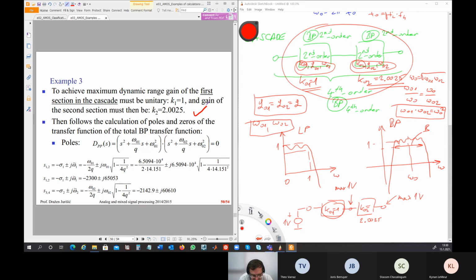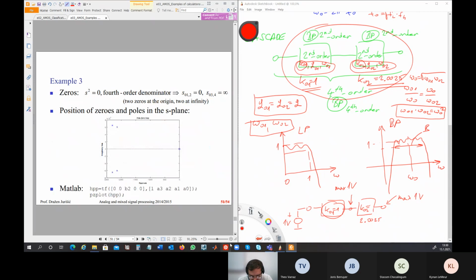Now we can finally calculate the poles and zeros and we can plot them. Here are equations for poles and zeros. You recognize these equations. These are very simple. And you can use the MATLAB function called pzplot, pole-zero plot.